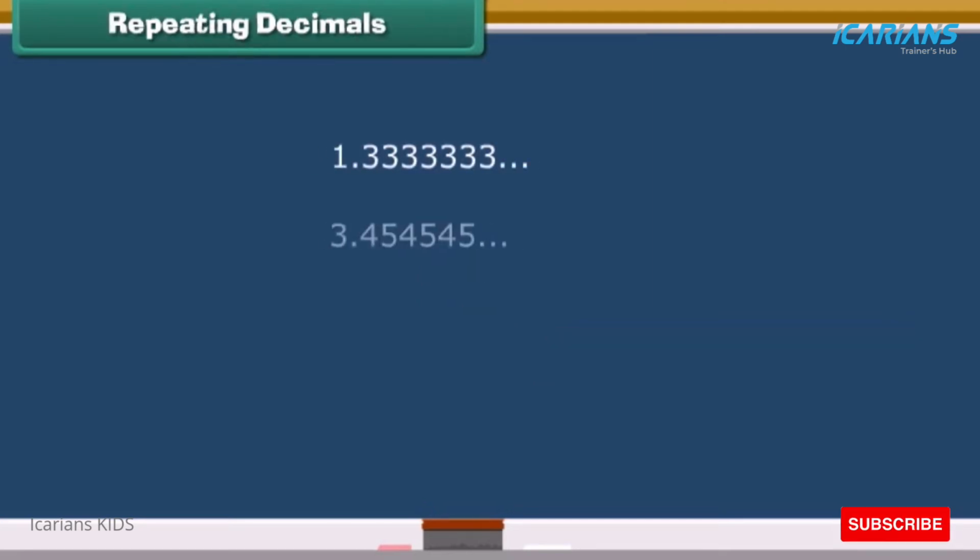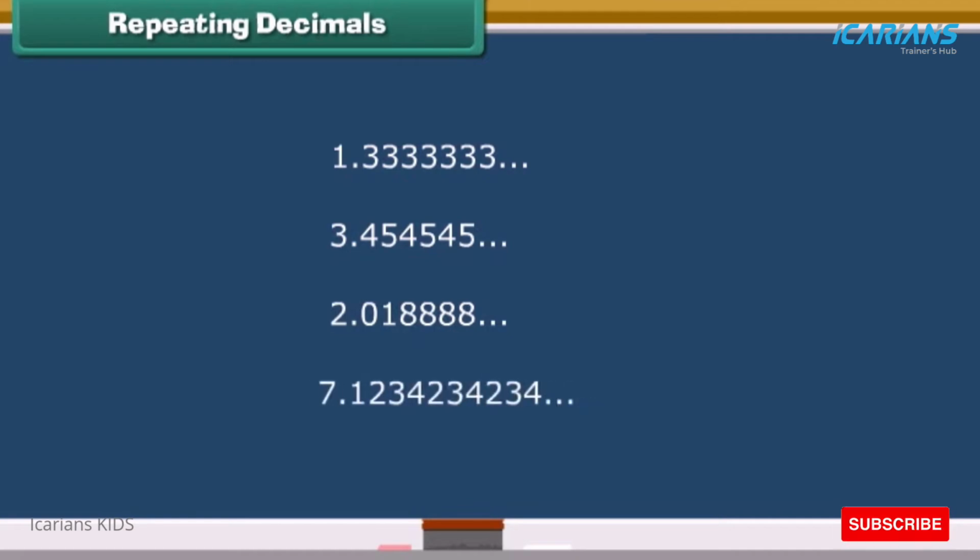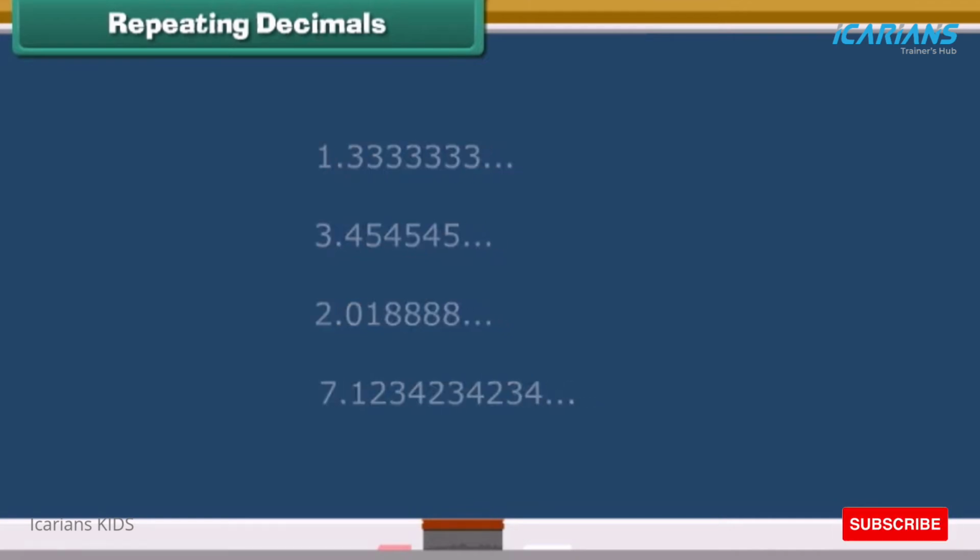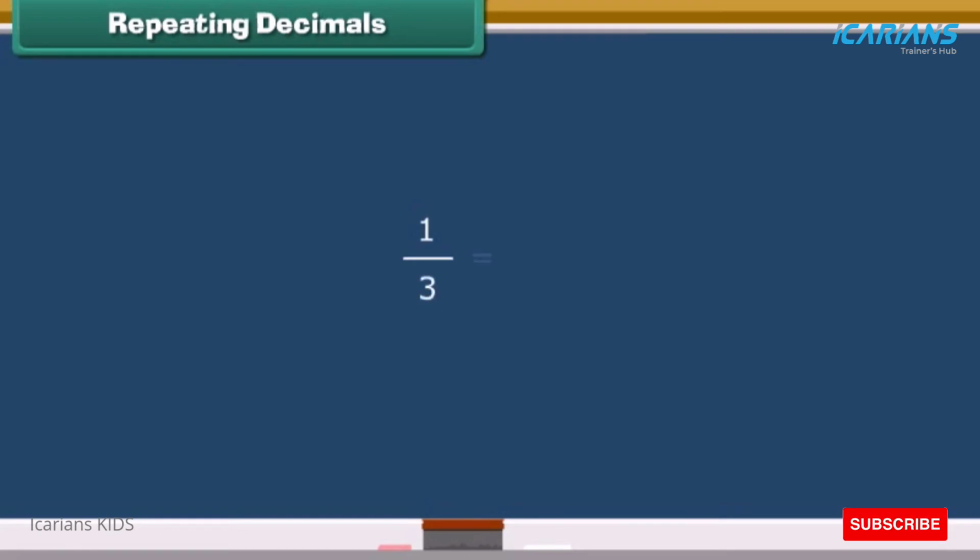Some decimals don't stop and go on adding numbers to the right forever. Look at the decimal of the fraction 1/3. What did you notice? It starts with 0.33333 and just keeps on going on and on.